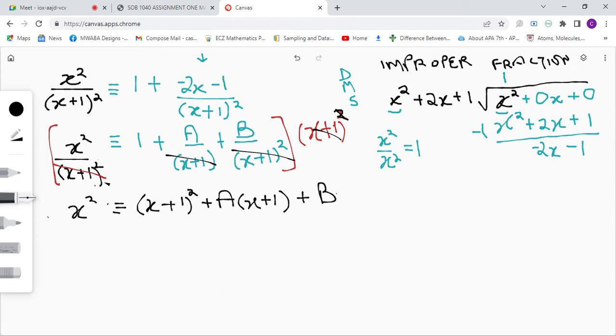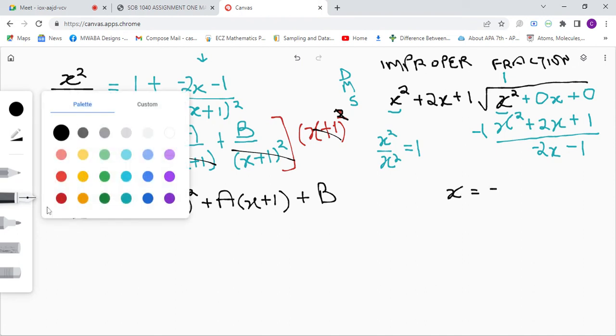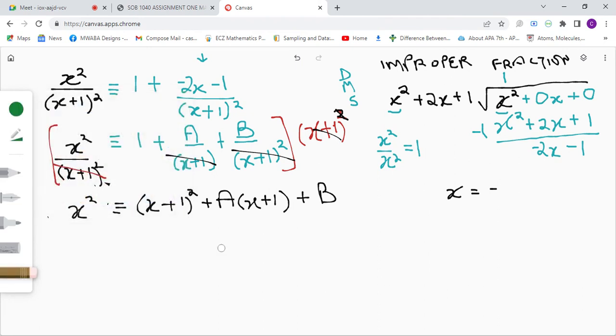So if we substitute x with -1, when x equals -1, we're going to substitute -1 for x in the expression.